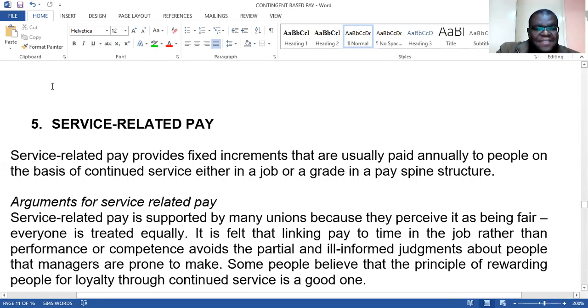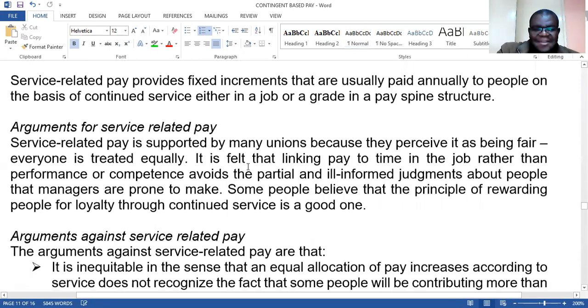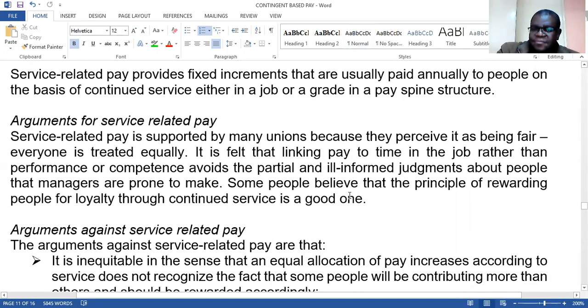Number 5 is service-related pay. Those in the public sector, your scheme is predominantly service-related. The increment that you get increases with the number of years of service.